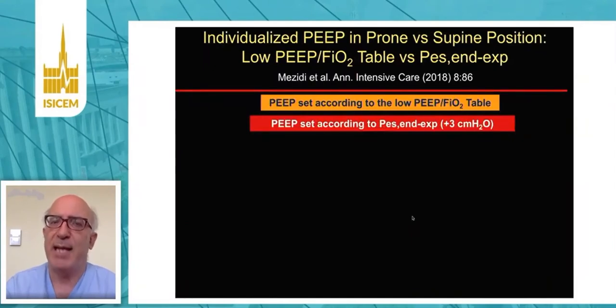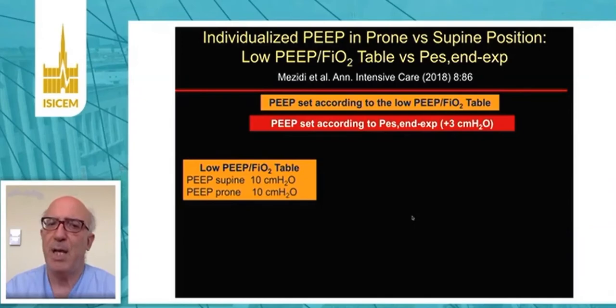Some studies investigated the role of individualized PEEP in prone and supine position. In this study, the PEEP set according to the low PEEP PaO2/FiO2 table was compared with the PEEP set according to the esophageal pressure at end expiration plus 3 centimeters of water. The level of PEEP by using the low PEEP table was similar in supine and prone position at 10 centimeters of water.